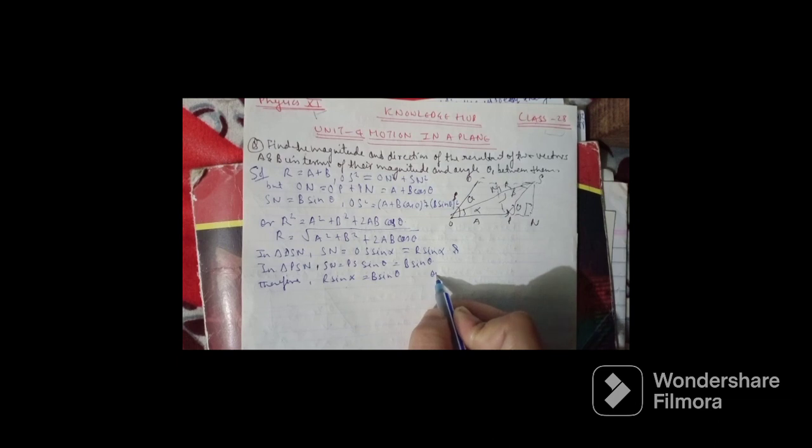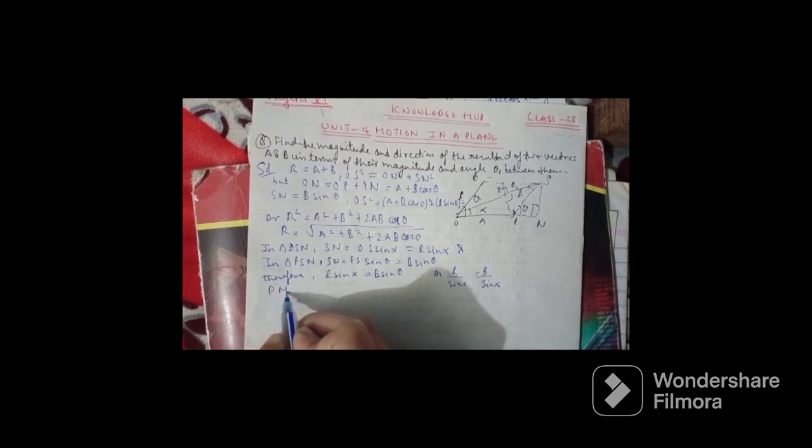So R upon sin theta equals B upon sin alpha. Similarly, PM equals A sin alpha equals B sin beta, or A upon sin beta equals B upon sin alpha.